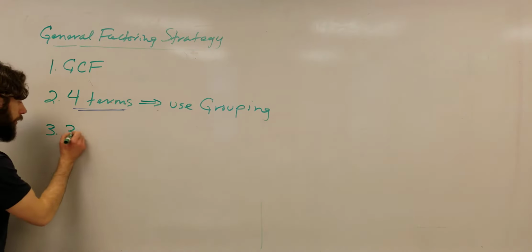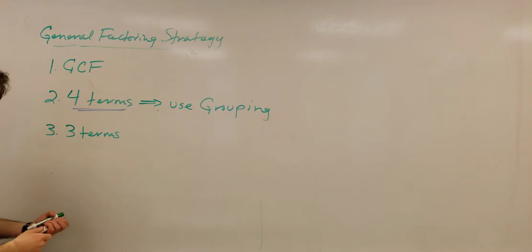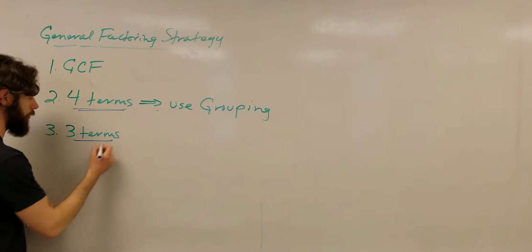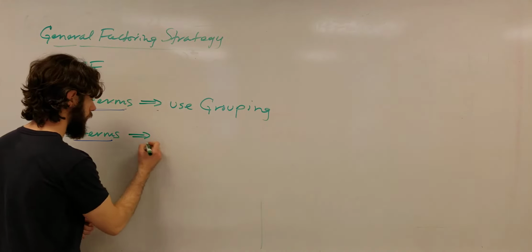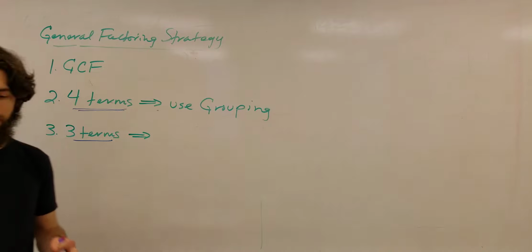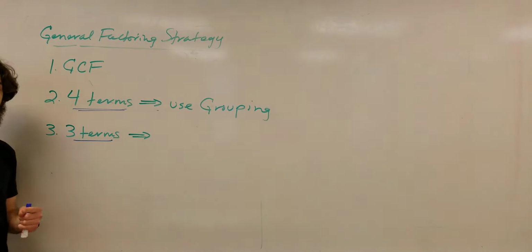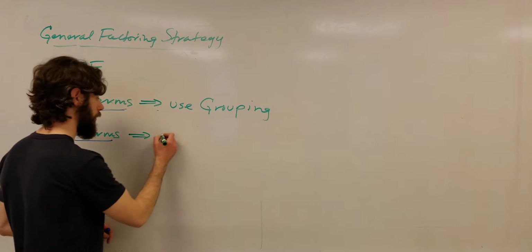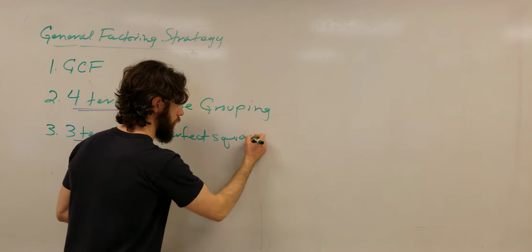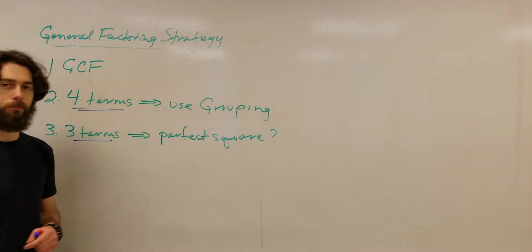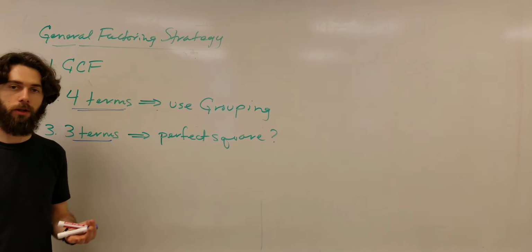Okay, 3 terms. Once we narrow it down, we have 3. That's going to say, all right, there's a whole bunch of different methods we can use. So we might hope that it's the easy case where we have a perfect square. And if it is, then we can use a formula to do it. We don't have to think about it anymore.